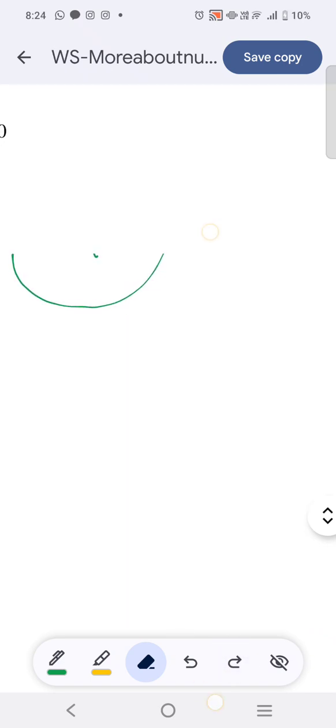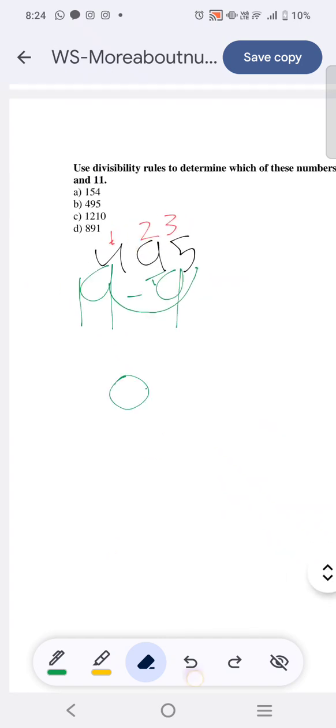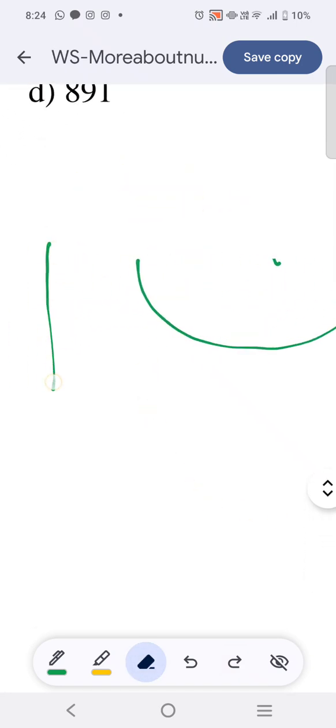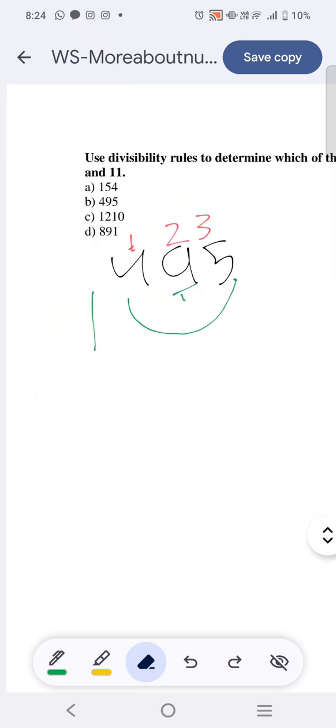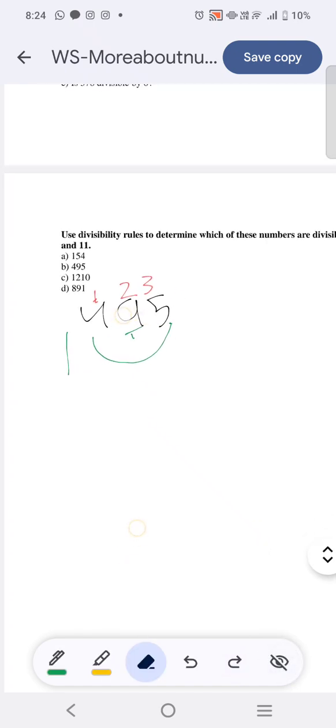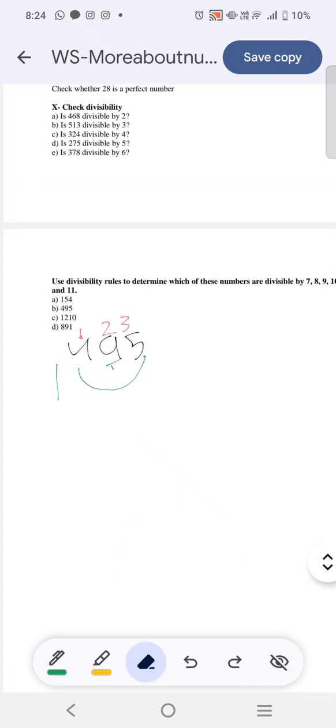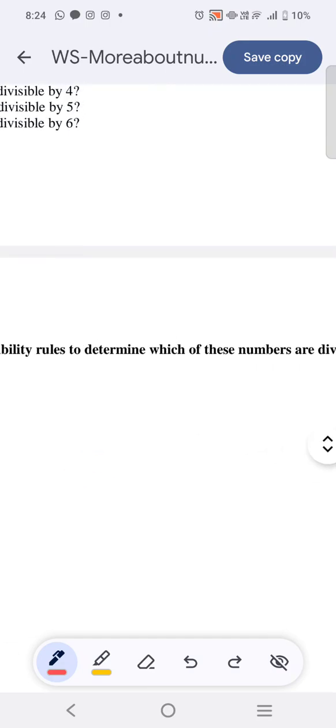Okay, now we are gonna do the next one, which is 1210. Let's just erase this up really quickly. Okay, now the next number is 1210.